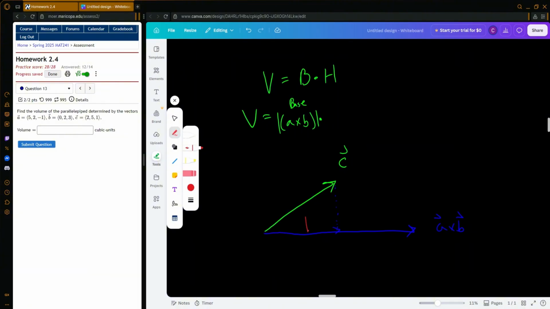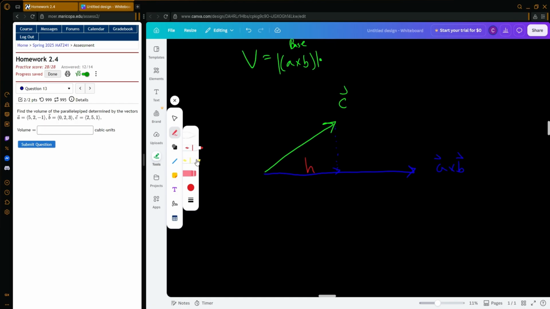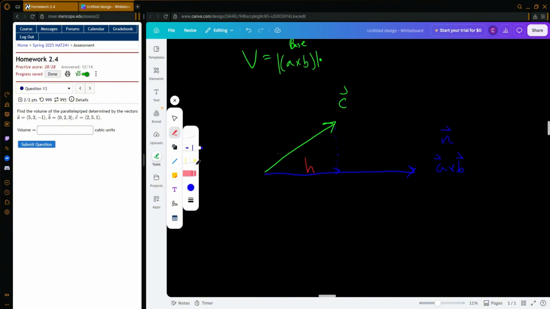So this is going to be h. I'm going to call A cross B the vector n.